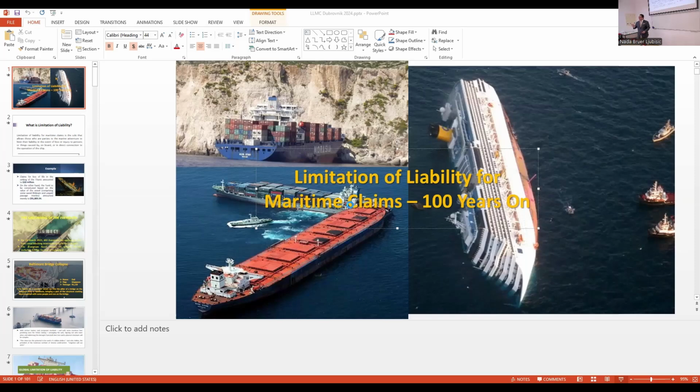Now, these words are so strong and so important. Why? Because if it is interpreted like that, it means that if the right to limit is broken, there's no insurance. So you may have a Pyrrhic victory, if at all. You say, I won, but there's no insurance to cover it. So it has to be extraordinary circumstances.